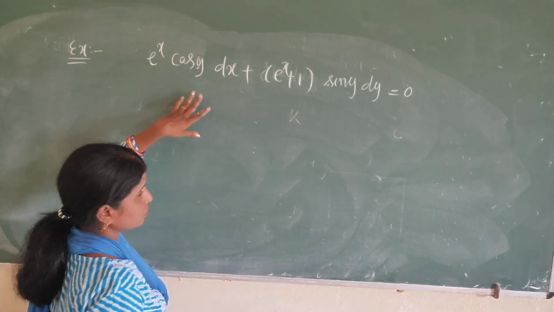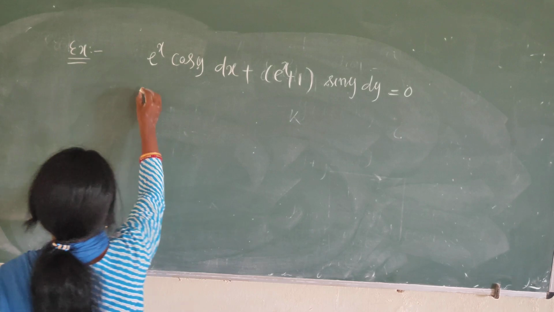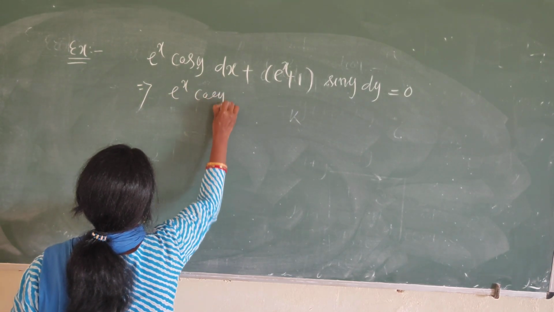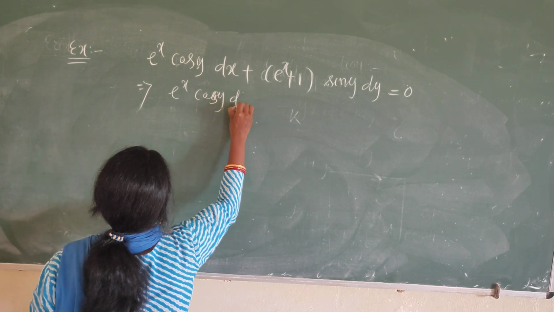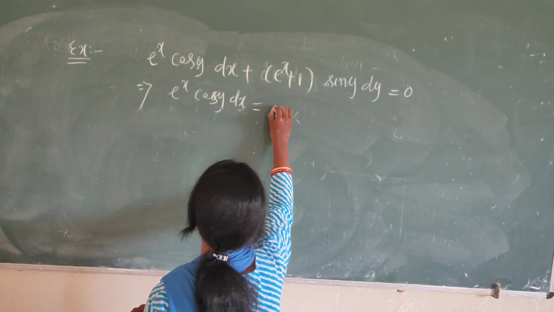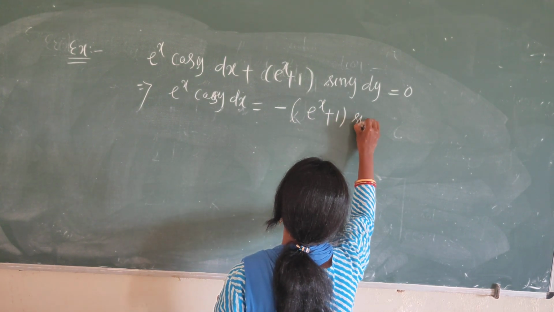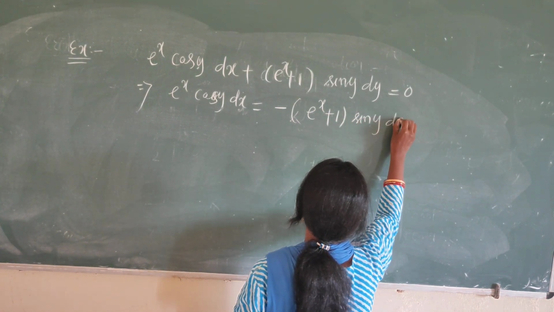This is type 2. First we have to separate the variables. e to the power x cos y dx equal to minus (e to the power x plus 1) sin y dy.